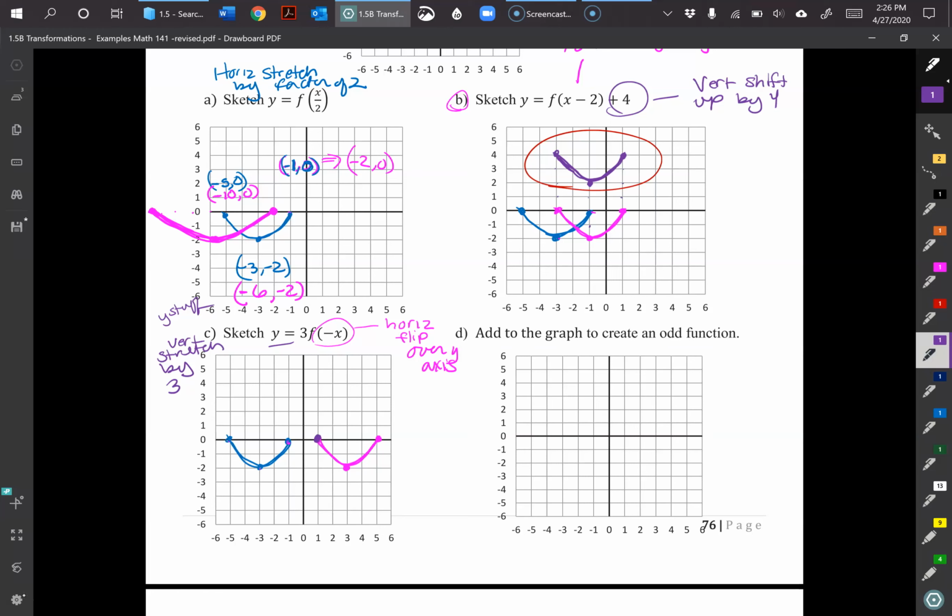Now this one, -2 is my y value, and I'm going to multiply the y value -2 by the stretch factor.